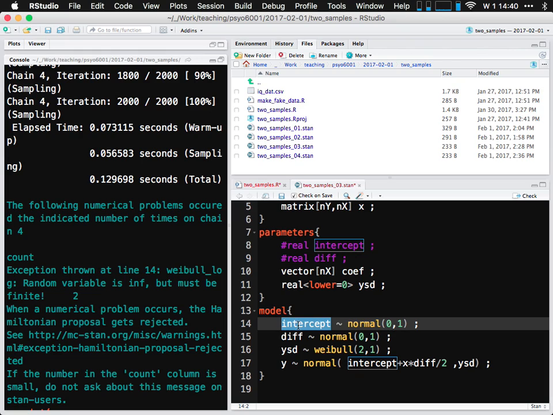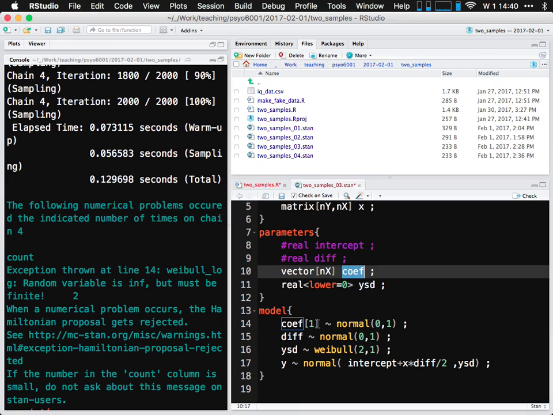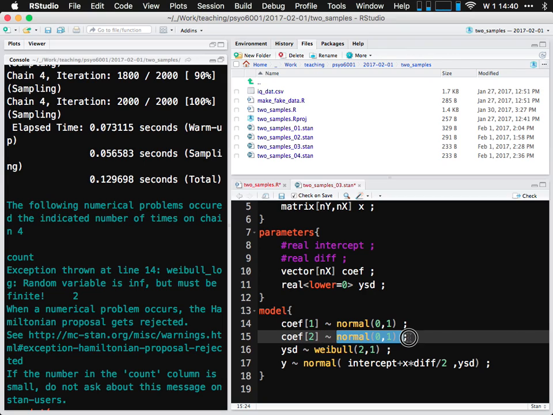So you can refer to items within the vector as in R by using the square brackets. So the first item is distributed as normal. So that's the intercept. And the second one is also distributed as normal. So we actually want the same prior on both of these things, so we don't need to have them both there.